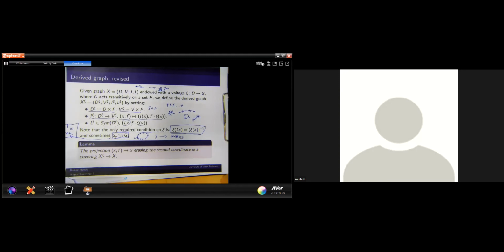Right? So it is natural to assume that the local group is always equal to G, but sometimes it is an advantage to have the possibility to relax this. And there is a standard lemma: the projection erasing the second coordinate is always a covering.